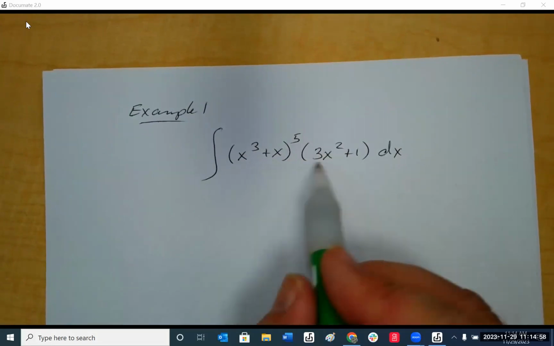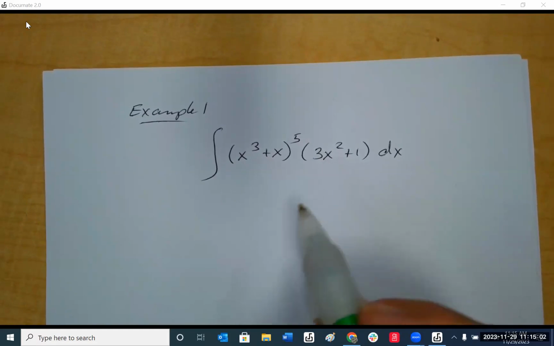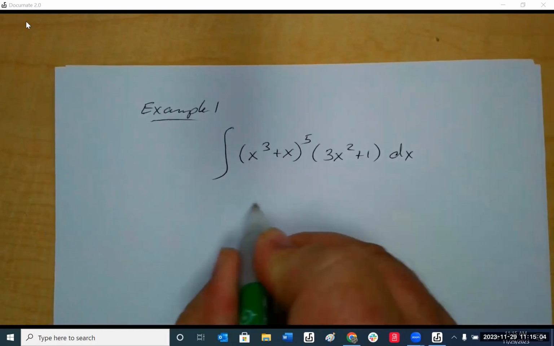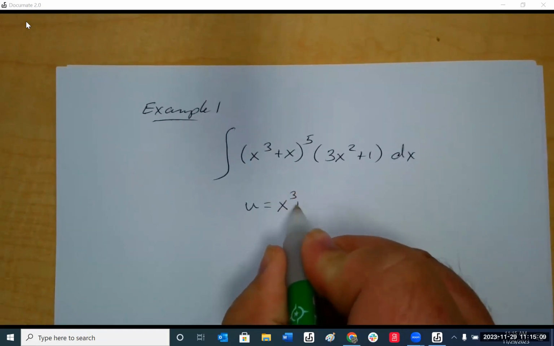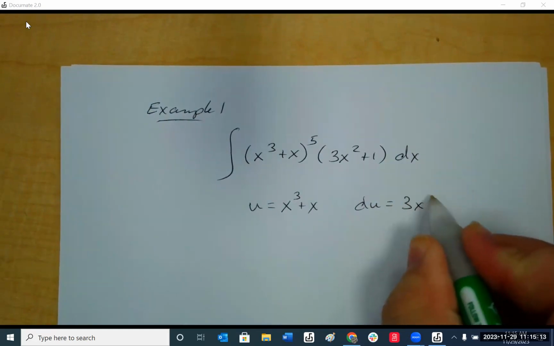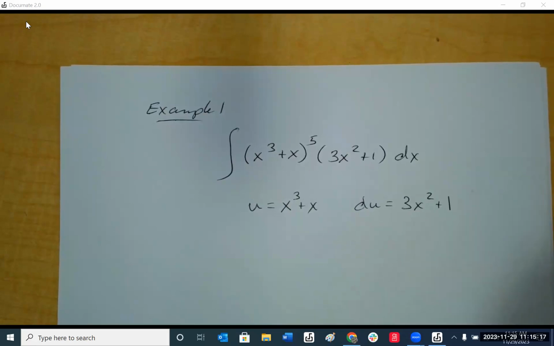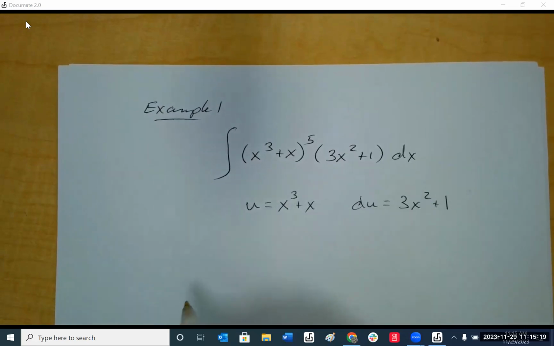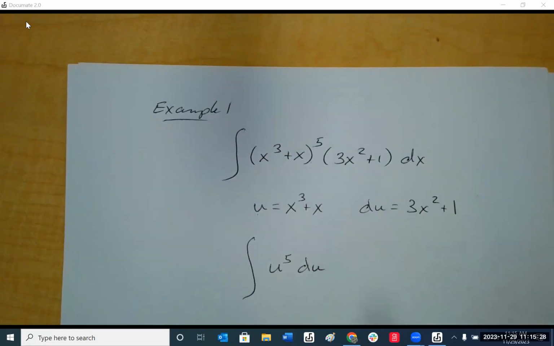Now, because we don't have a rule per se on how to integrate this one, what we do is, once we define our u and du, all we have to do is, this is u to the fifth du.